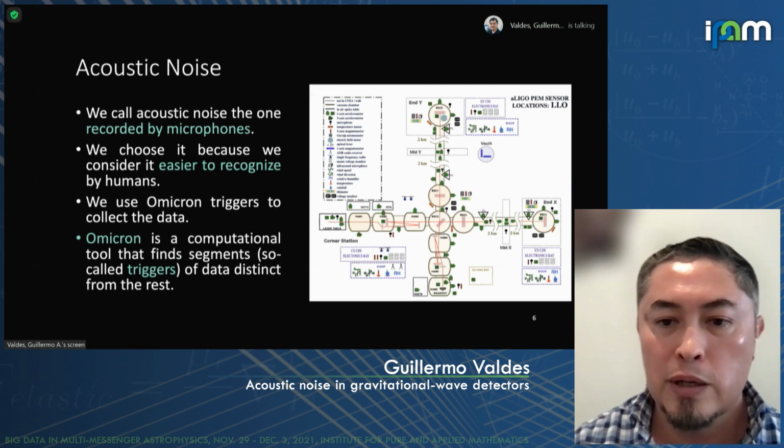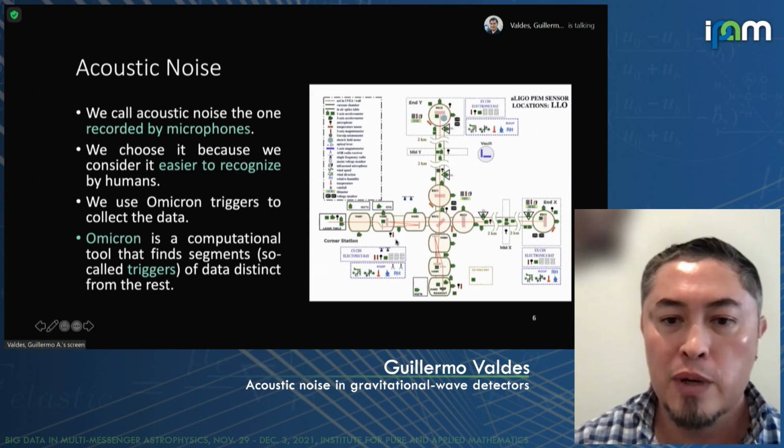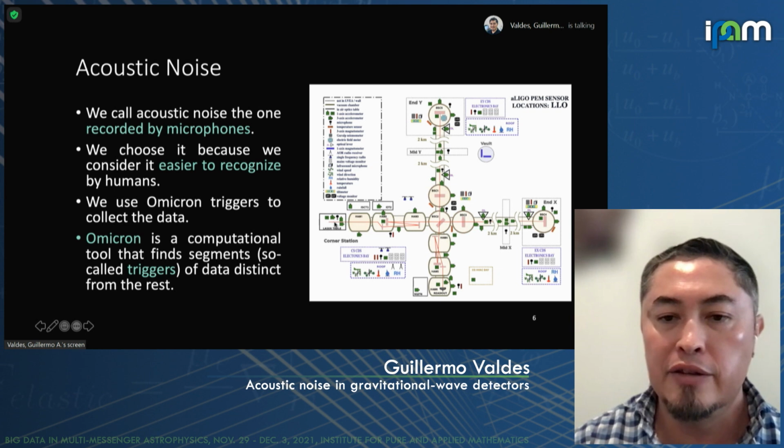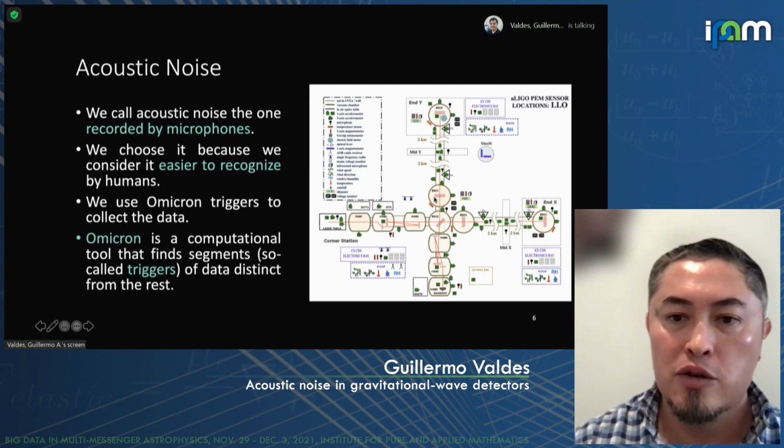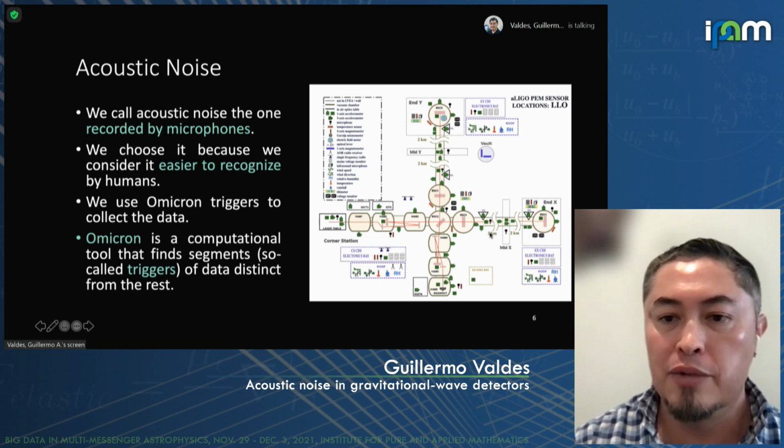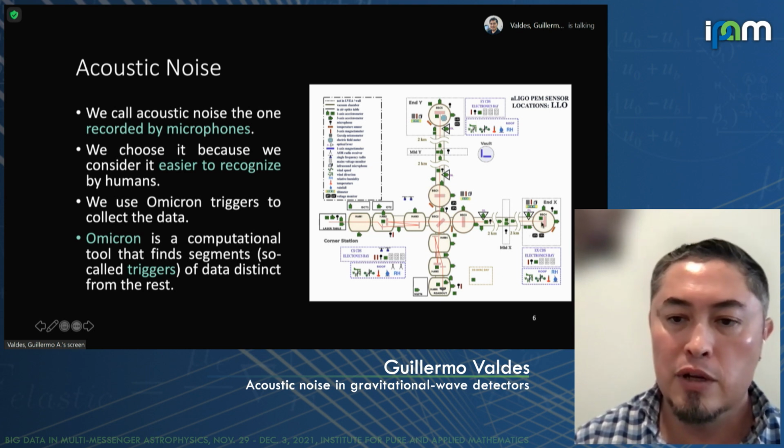So just to double check this diagram, again, we have the laser entering the interferometer. We have the beam splitter. You have two arms, 4 kilometers each, and then the light comes back, the laser recombines, and you have the output.